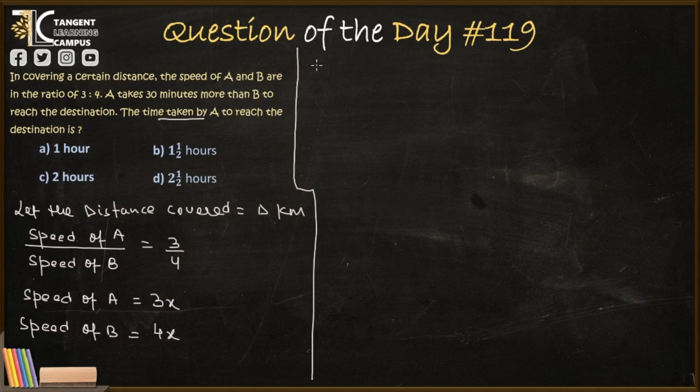Now we know the distance and speed. So from here we can find out the time taken by A and time taken by B. Let us write down time taken by A. It is distance upon speed. This is the formula.